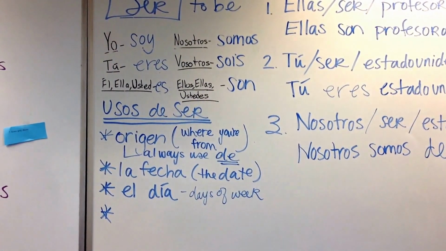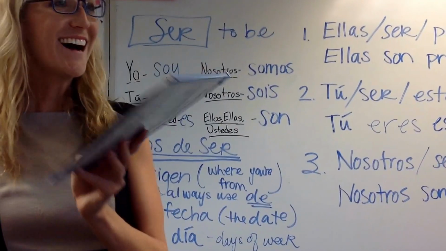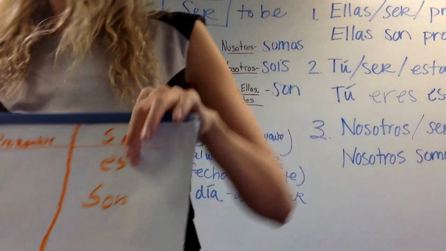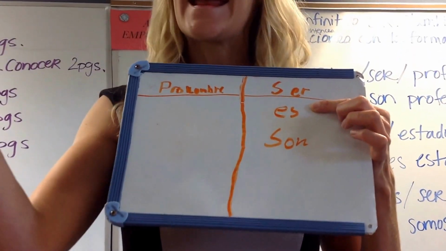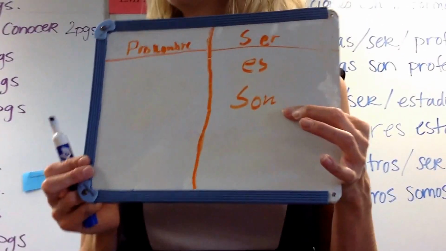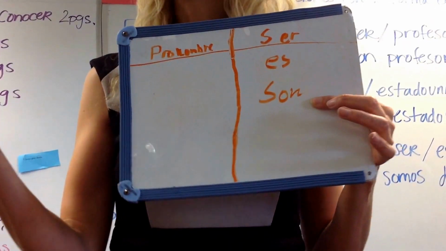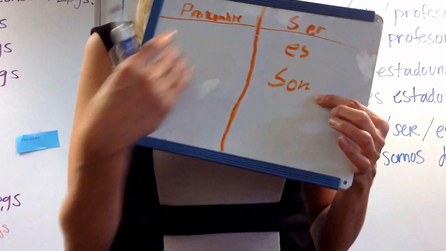What personal pronouns could go with es for third person? Él or ella. What personal pronouns could go with son? Ellos or ellas. And these are your third person. Does this make sense? Are we getting there?